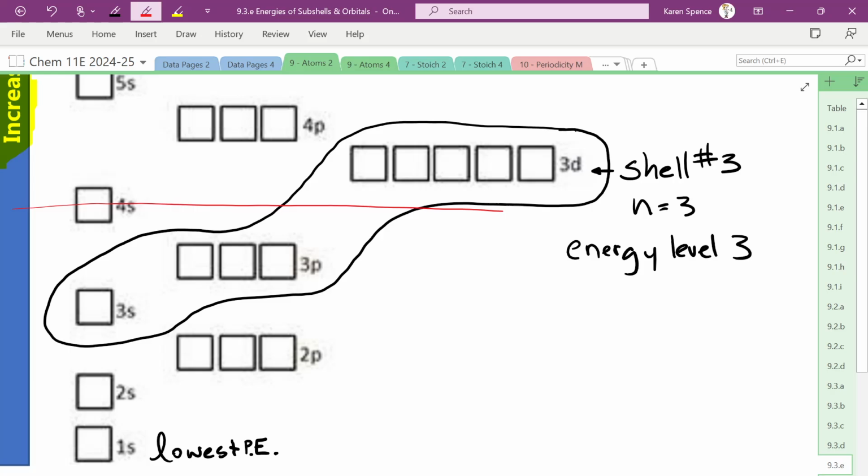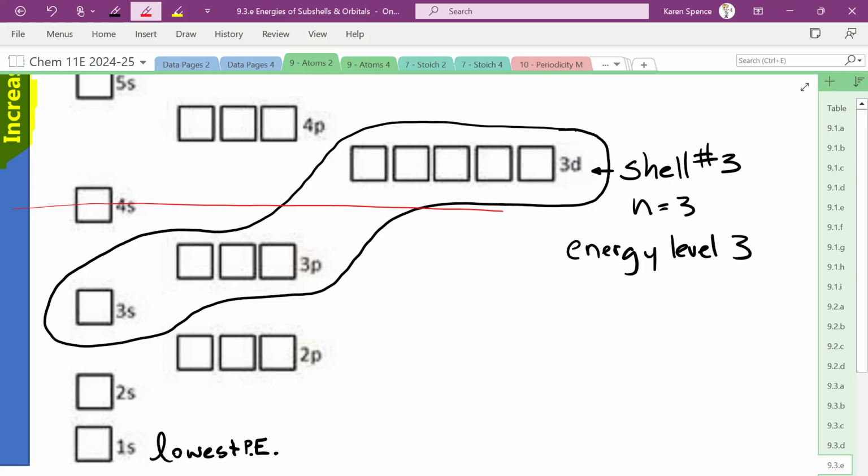That's not the actual reason why. The actual reason is that s orbitals have a lot more electron density close to the nucleus. Even though the outer portion of a 4s might be quite far from the nucleus, most of the density is still quite close to the nucleus. So it's still at a lower energy than the d.